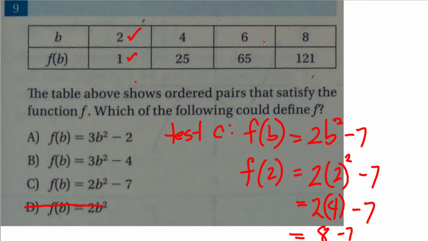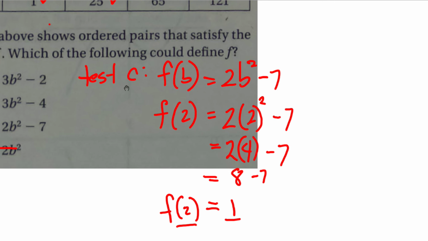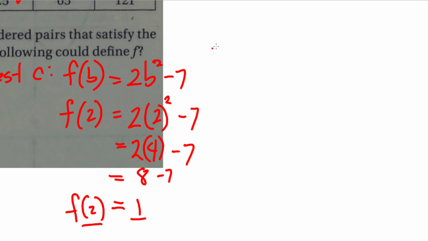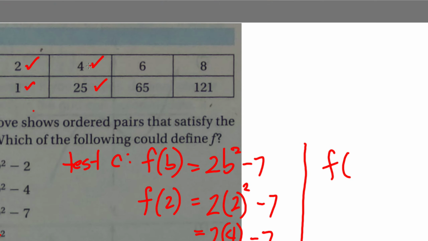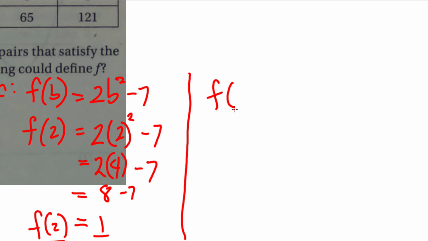But let's test if it is still true when we take 4. Will that give us 25? So let's test this f of b when b is equal to 4. Let's take f of 4. Would that be equal to 25? Let's see. That's 2 times 4 raised to 2 minus 7.